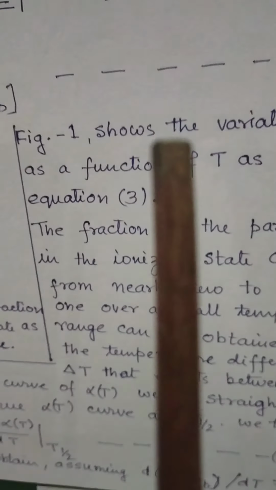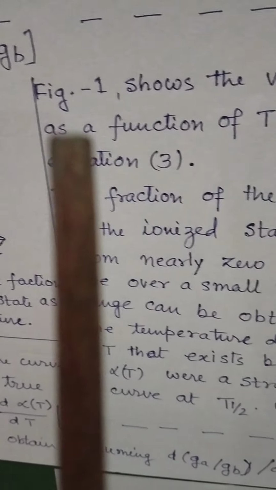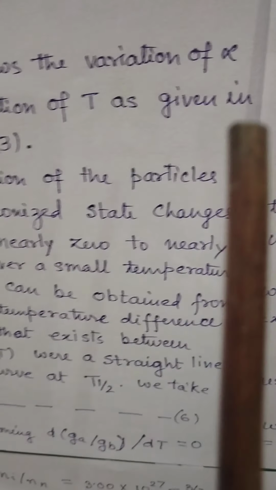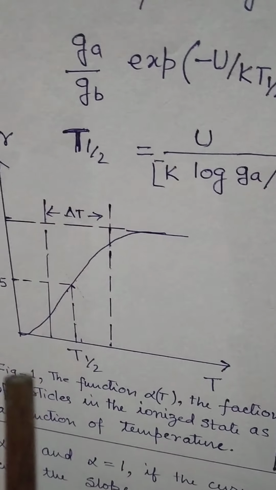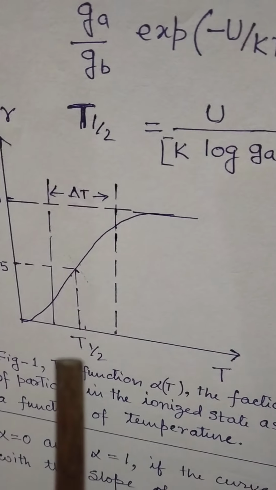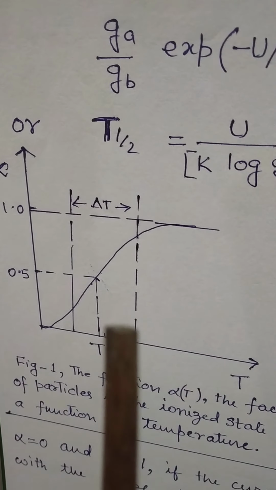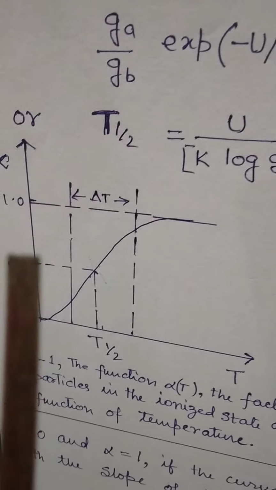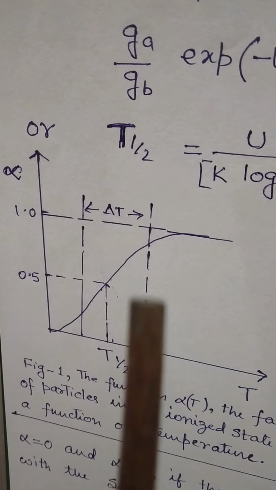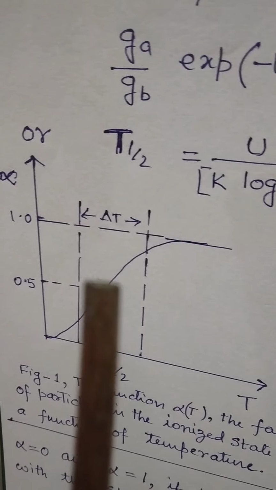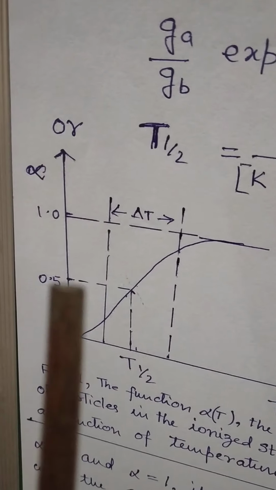Now, figure 1 shows the variation of alpha as a function of T as given in equation 3. Now, this is equation 3 and this is figure 1. Along the y-axis we have taken the value of alpha, and along the x-axis we have taken T, and at T half we see that 50% of the atoms are ionized, and this is the value of delta T which has been calculated, and this is the value of T half for 0.5 or 50% of ionization.